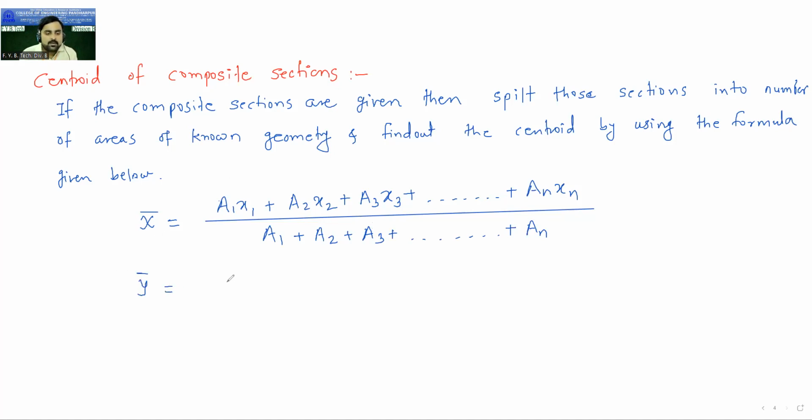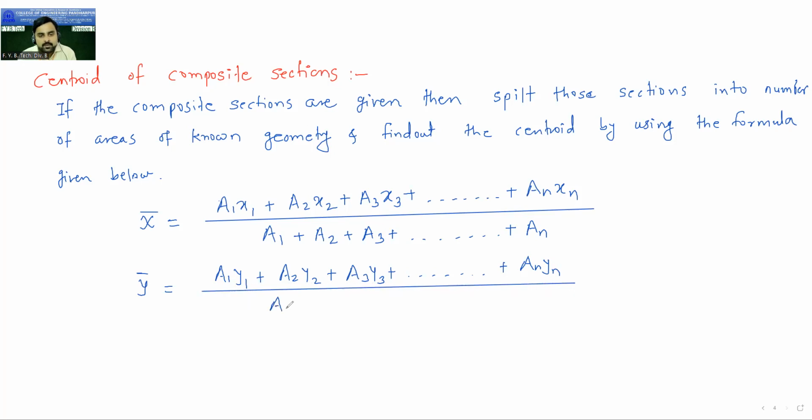Now for y bar, the formula is again the same: a1 y1 plus a2 y2 plus a3 y3 plus and so on up to an yn, divided by a1 plus a2 plus a3 plus and so on up to an.